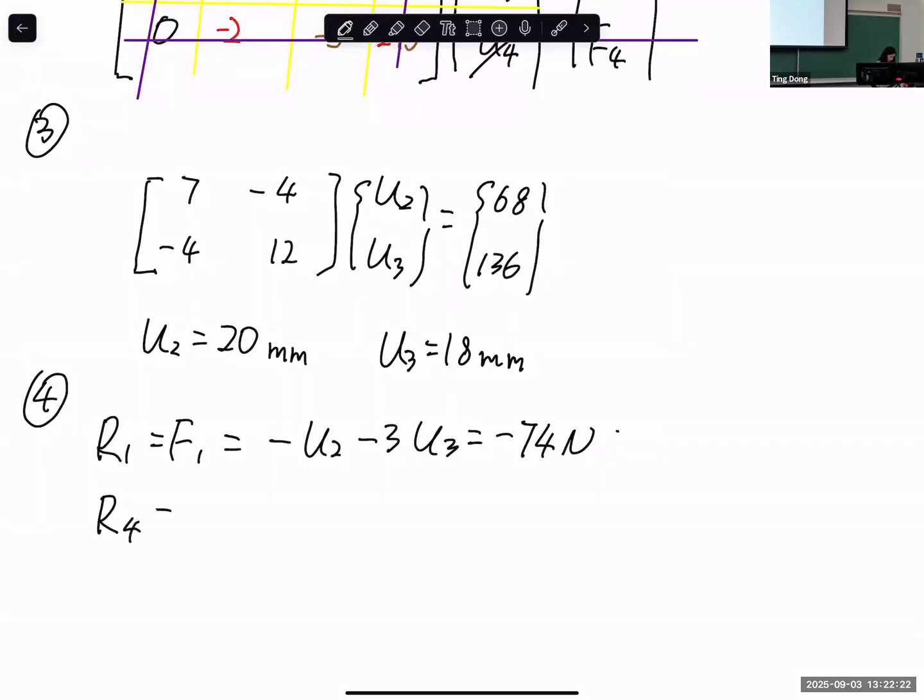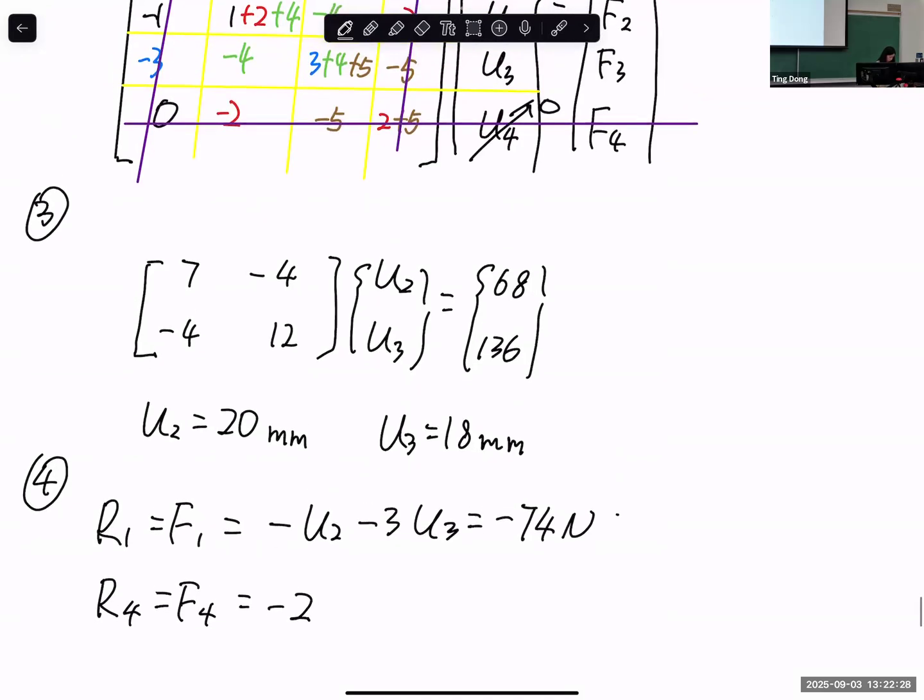Similarly, for R4 equal to F4, we have -2 and -5. And of course, when you see a negative sign, it means it's a force applied in the negative x direction.